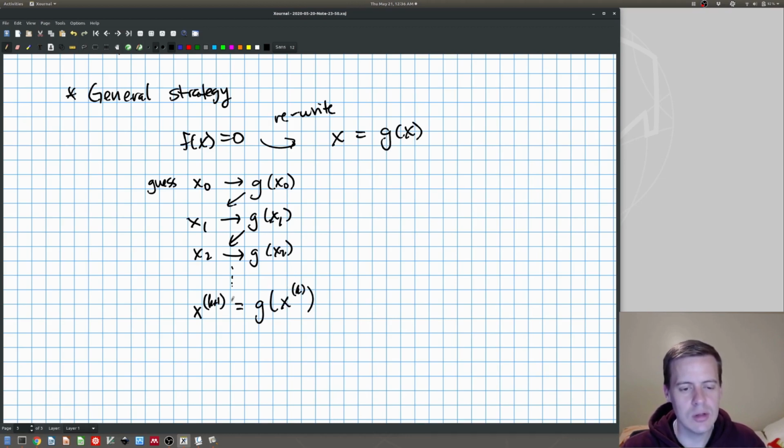Once they're equal, it doesn't matter if I calculate it and plug it in again. It's at a fixed point. x does not change.